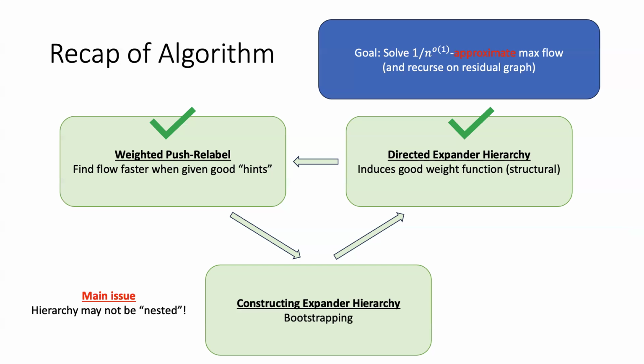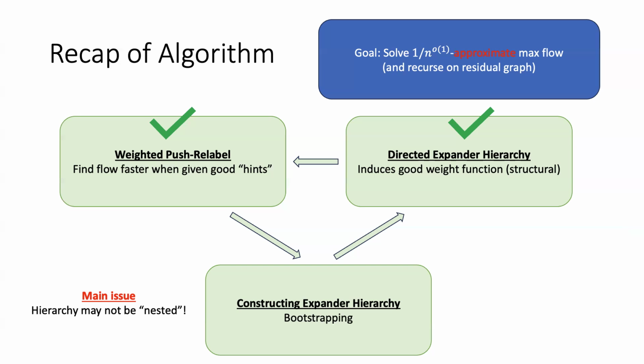To say a few words on what goes into constructing the expander hierarchy. The main difficulty lies in the fact that when doing expander decomposition with respect to the terminals, we're not always going to be lucky and get an expander that forms a laminar structure containing lower level expanders. So there might be some non-nestedness happening, which we don't know how to analyze.